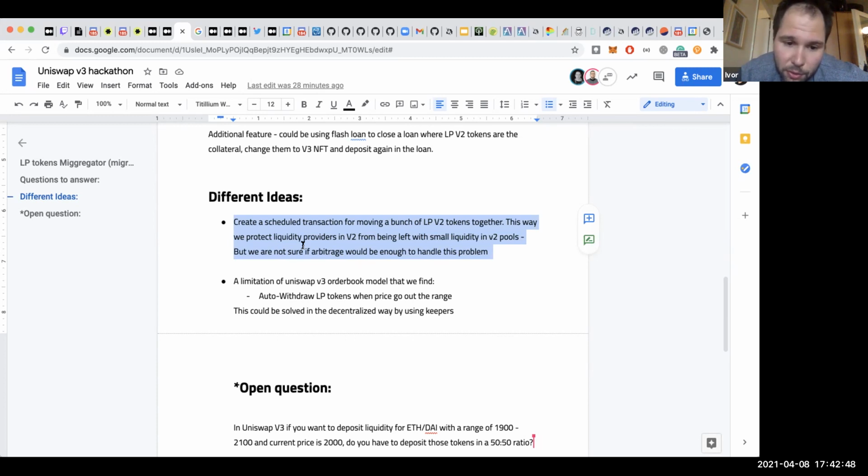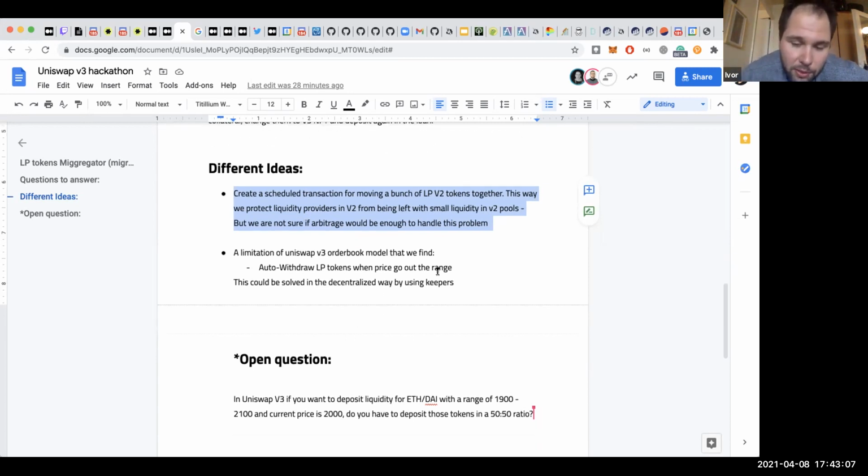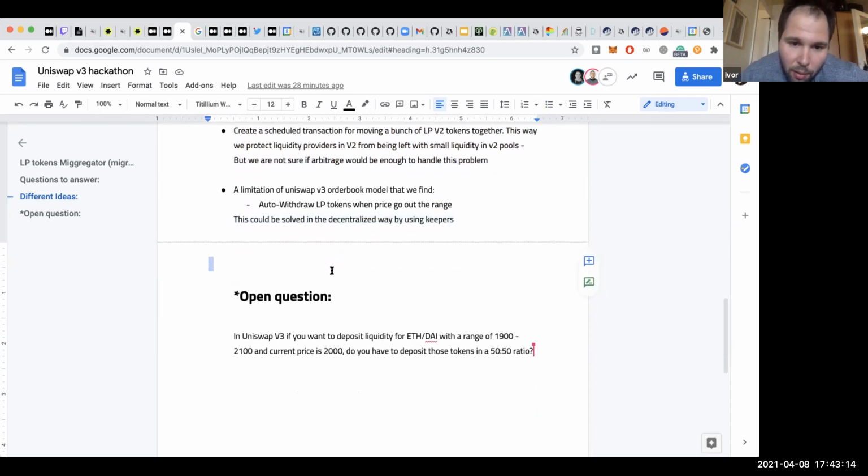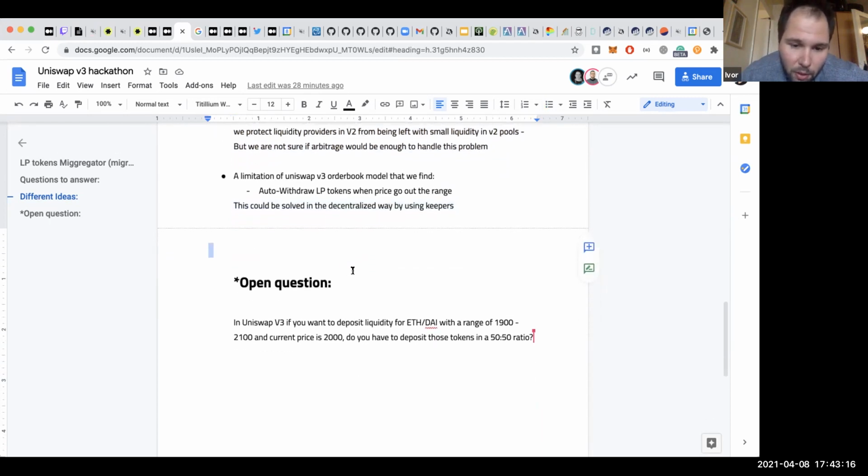So the idea is you can set what on CEXs they call a stop loss. So when you say, okay, if some price is achieved, I want to buy or sell more tokens. That could be done through keepers in a decentralized way, and it could be an additional feature to an order book on top of V3.